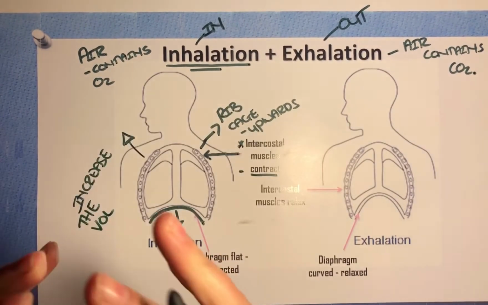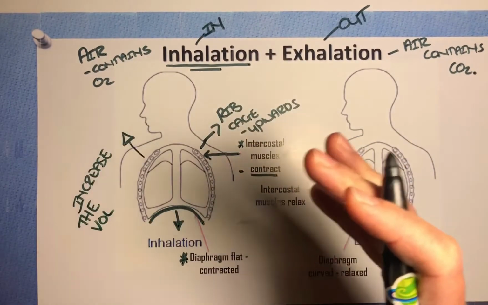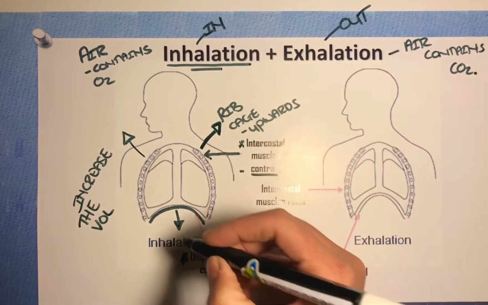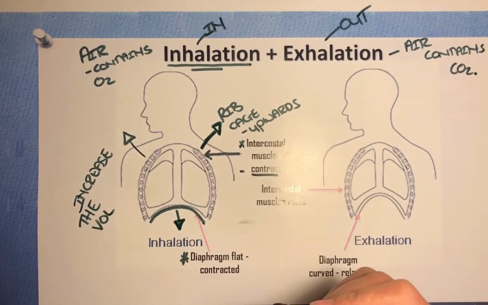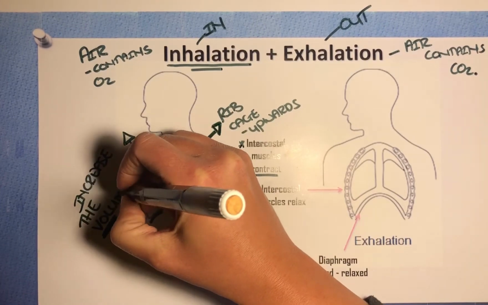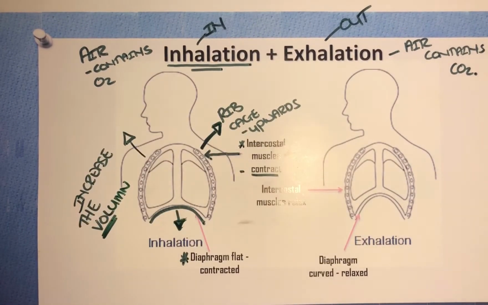In other words, we enlarge the size of the thoracic cavity. We've pulled the rib cage upwards, we've pulled the diaphragm downwards, and we've increased the volume of our thoracic cavity.